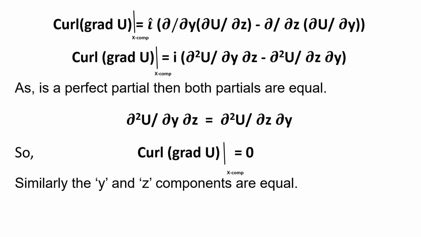It means that when you apply a gradient on a scalar, it is converted into a vector, and when the cross product is taken with that same vector, the result is 0. We have discussed that the cross product of a vector with itself vanishes, so the curl of grad u for all three components is equal to 0.